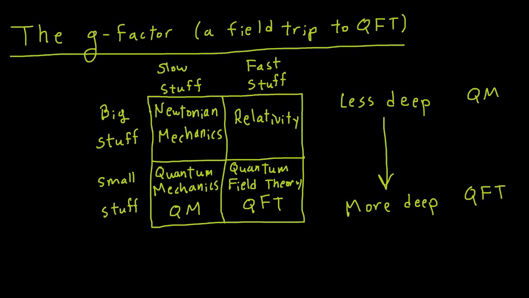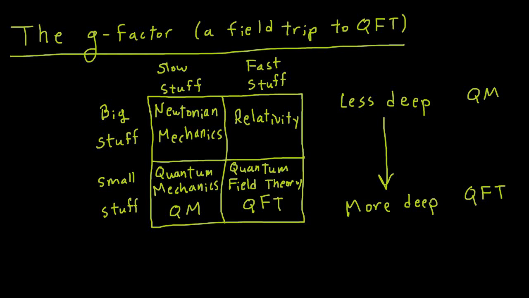Now, because I'm not assuming that you know anything about quantum field theory, I cannot give you a rigorous derivation of Schrödinger's equation, right? And that's because you can't derive stuff about a more deep theory from a less deep theory, right? So in this case, if all you know is classical mechanics, I can't derive stuff about quantum mechanics from classical mechanics.